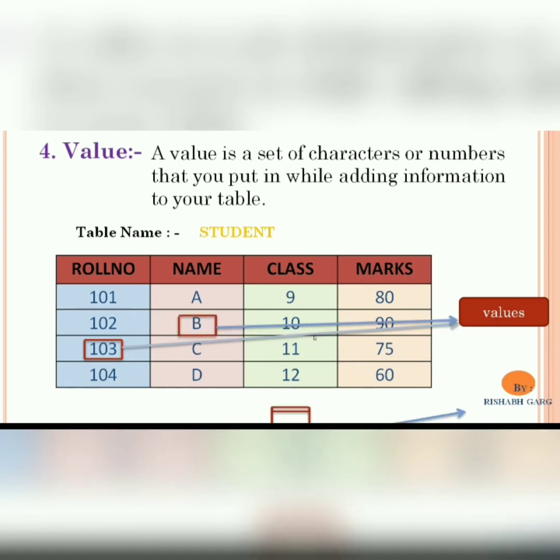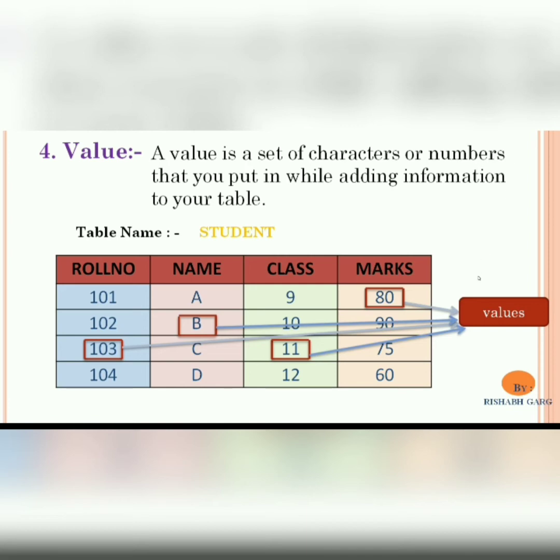If we talk about only 11, that is a value. If we talk about only 80, that is also known as a value. Means any independent data is known as a value. And data can be of any kind, that can be a character type, that can be a number type. That's why we have written in our definition, a value is a set of characters or numbers.